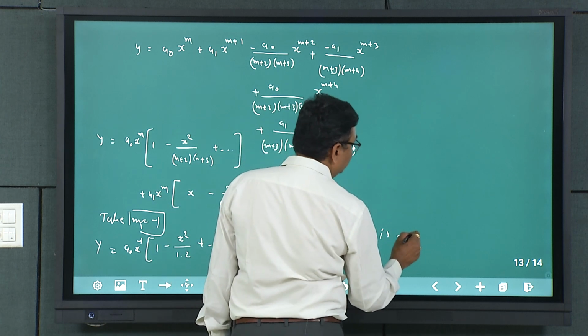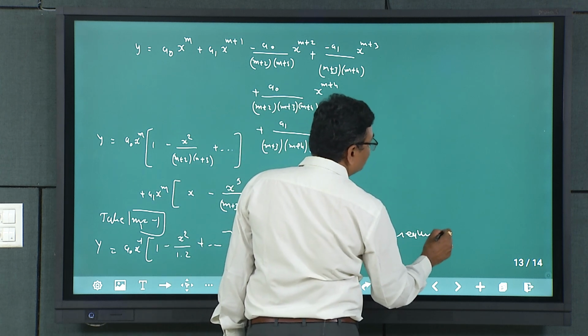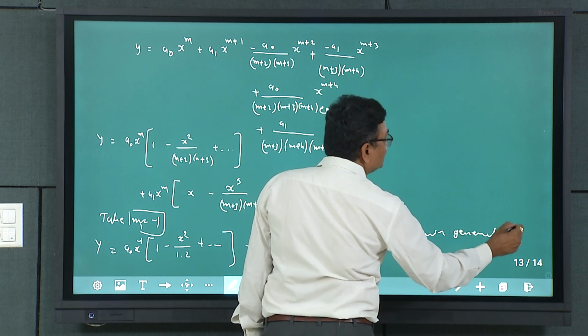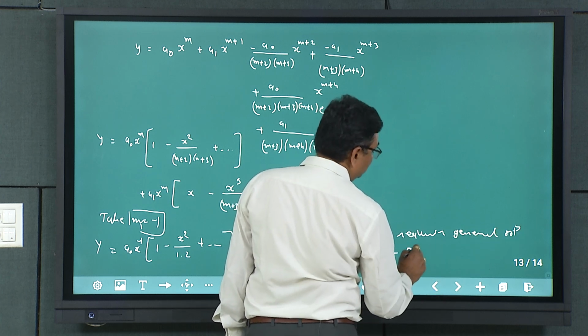This is the required general solution of the given differential equation.